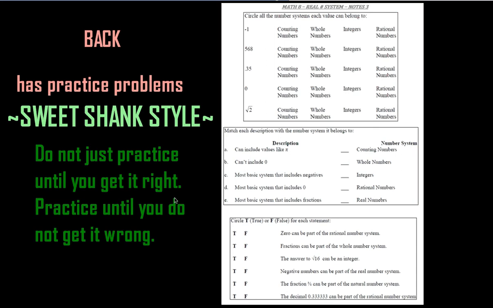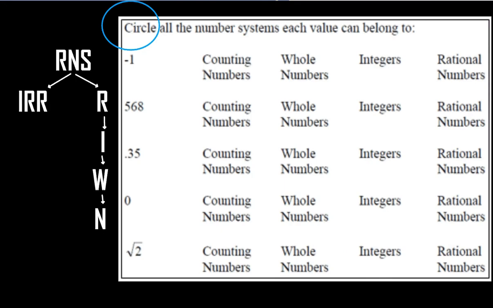So, moving on, let's go with this one. On the first part, I will read the directions. It says to circle all the number systems or subsets each value can belong to.